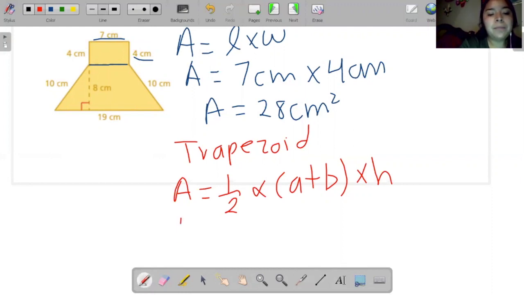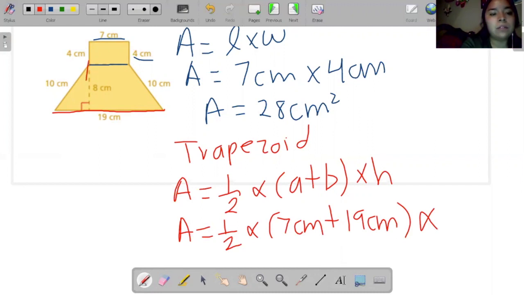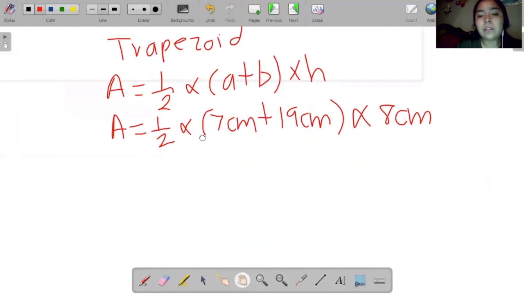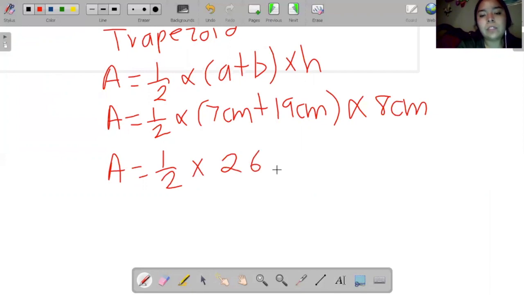So then A is equal to 1/2 times (7 centimeters plus, so how much is our long base? Our long base is this one down here. So that's 19 centimeters) times our height, which is 8 centimeters. And remember that we have to follow the order of operations. So here we're going to start with the parentheses first. So then we have A is equal to 1/2 times 26 centimeters times 8 centimeters.